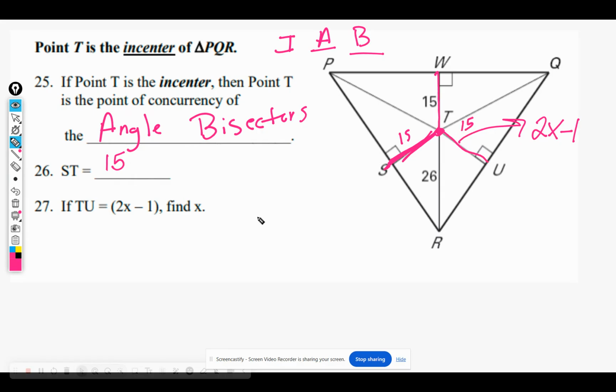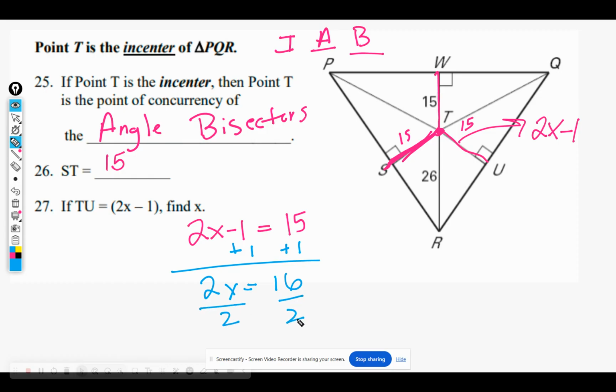But if it's telling you that it's 2x minus 1, then we know that 2x minus 1 equals 15. So we just solve it for x. We're going to add 1 to both sides, and 2x equals 16. Divide by 2. x equals 8. And we found x.